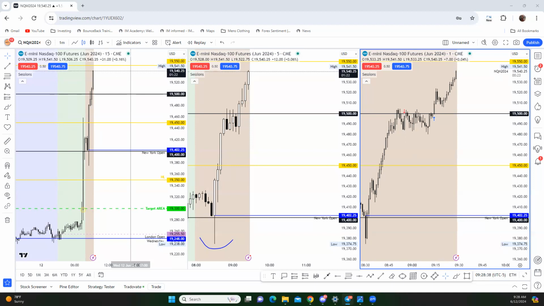Okay, so we're still just going crazy. I'm looking at some higher time frames here. That's just incredible. The way this push looks on the daily is insane. It's the biggest push I've ever seen.